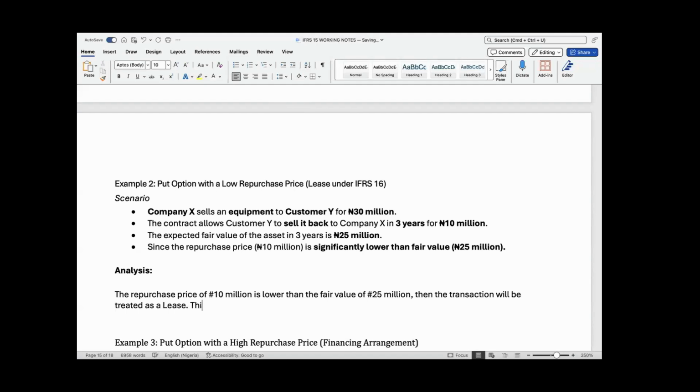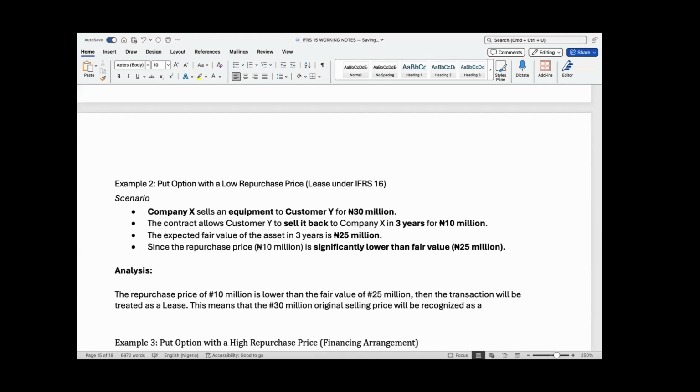So this means that the 30 million original selling price will be recognized as a what?